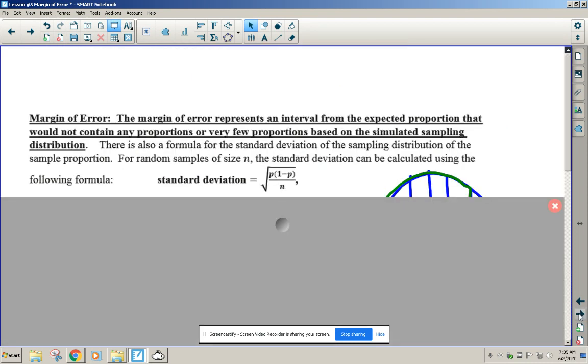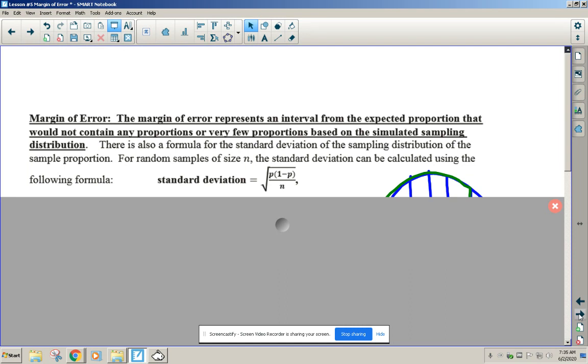So this is how we get to the margin of error. The margin of error represents an interval from the expected proportion that would not contain any proportions or very few proportions based on the simulated sampling distribution. Well, that just sounds crazy. Basically, the standard deviation we can calculate ourselves with this formula.